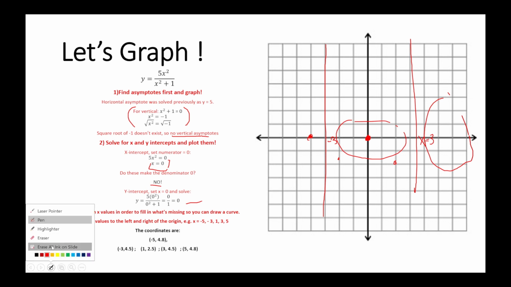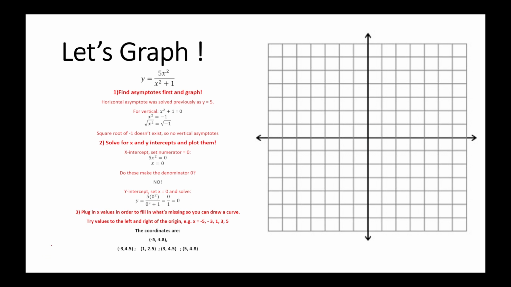So I chose -5, -3, 1, 3, and 5. You can check this on your own with the calculator or by hand. When I plug in each of these values, these are the coordinates I get here at the bottom. I get some with decimals, and I don't round, I just keep the exact decimal.